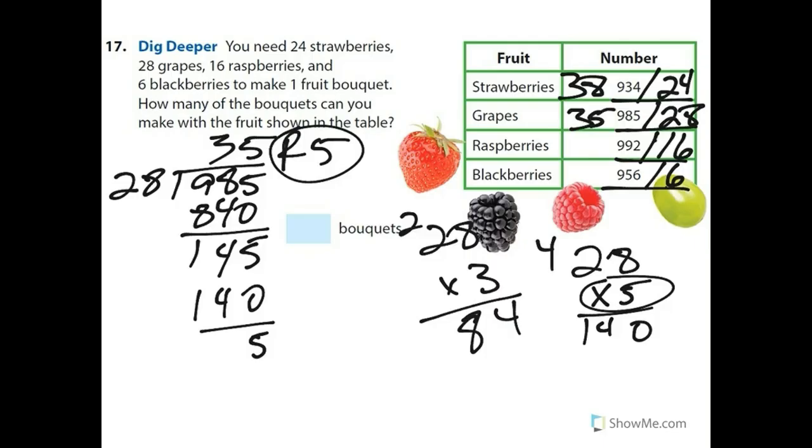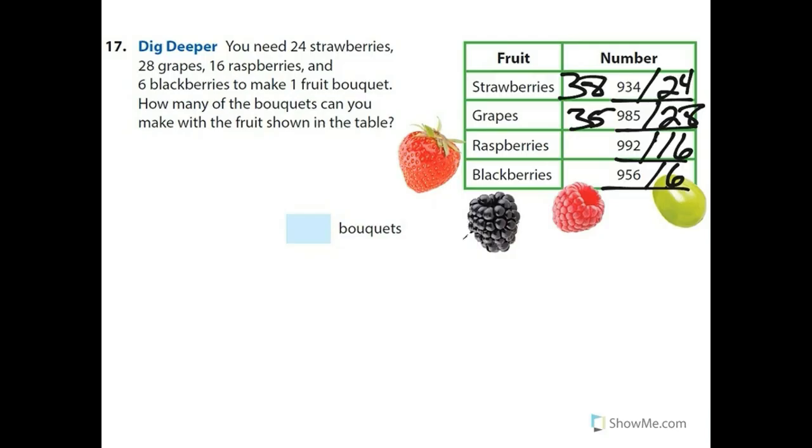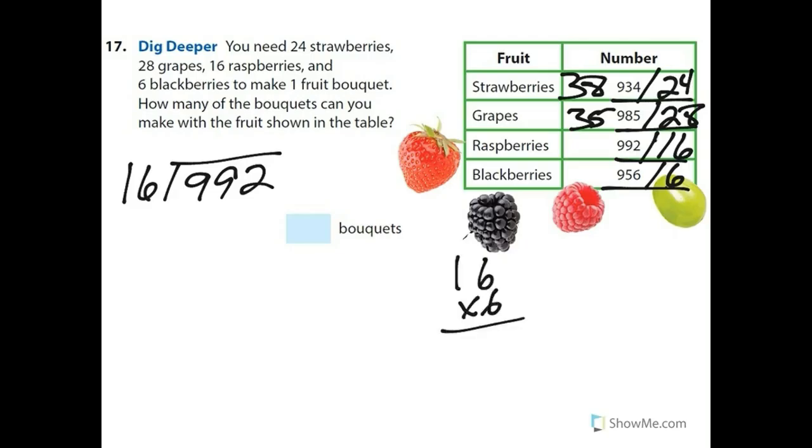All right, let's go to the raspberries. So the raspberries, we have 992 divided by 16. So if I did 20 and 100, that'd be 5. Let's do 5. What about 6? Let's try 6. That may be too much. Oh no, it's wonderful.